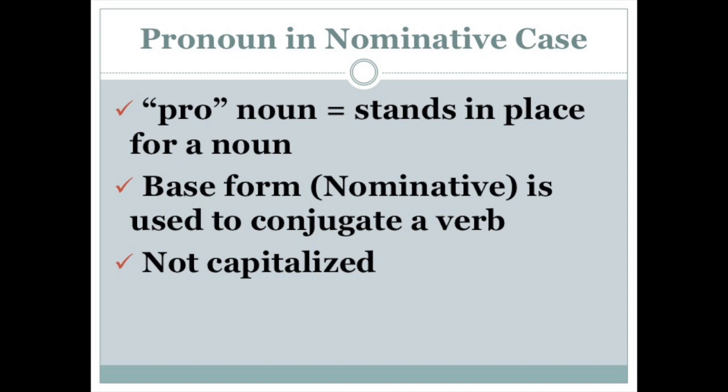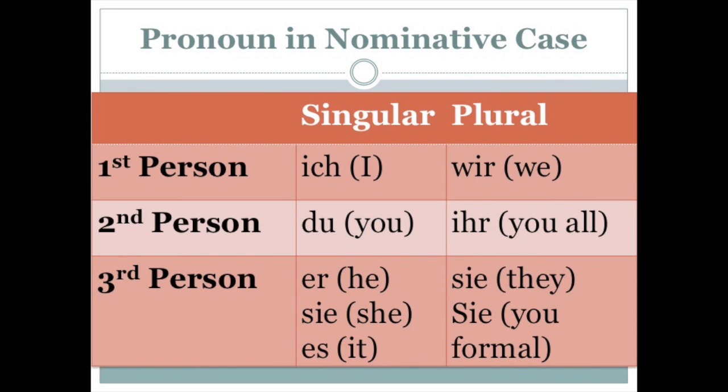Beware that they are not capitalized unless they start a sentence. Again, in German, only nouns are capitalized. So here is the chart that I was just talking about: ich, du, er, sie, es, wir, ihr, and sie. Those are our nominative case pronouns that we need to memorize.